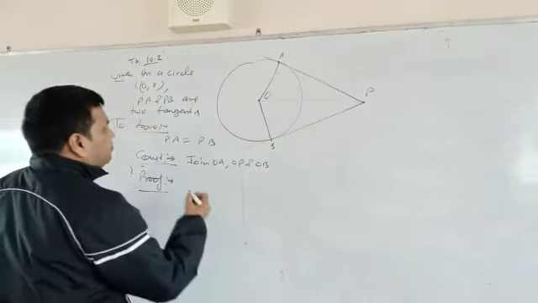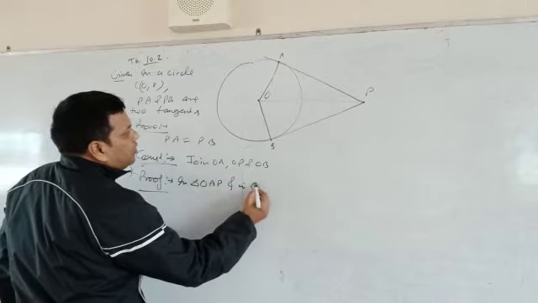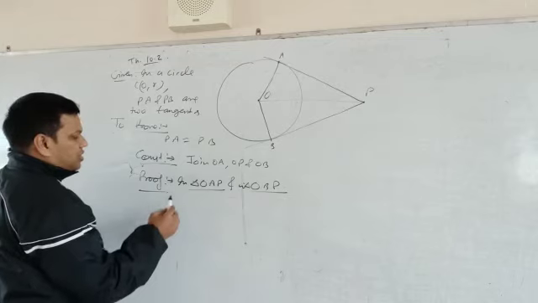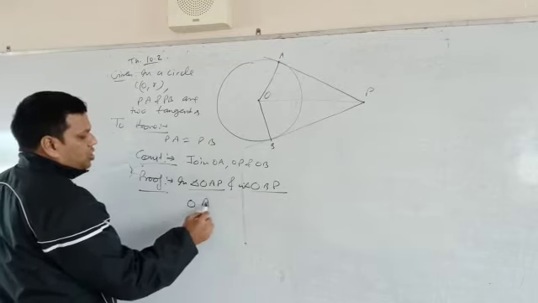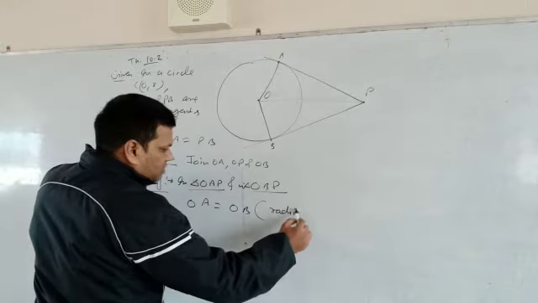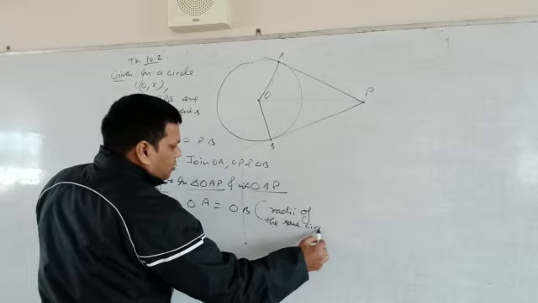So let's see, in triangle OAP and in triangle OBP, you know that OA is equal to OB, the radii of the same circle.